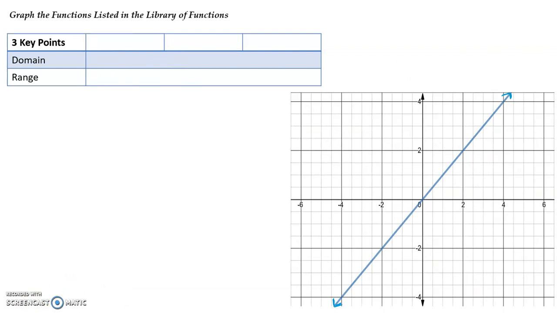Our next graph is going to be the identity function, which is the graph y equals x. Let's go ahead and take a look at some key points on this graph. You'll see that we have an intercept here at the origin, so one of our points is (0, 0).